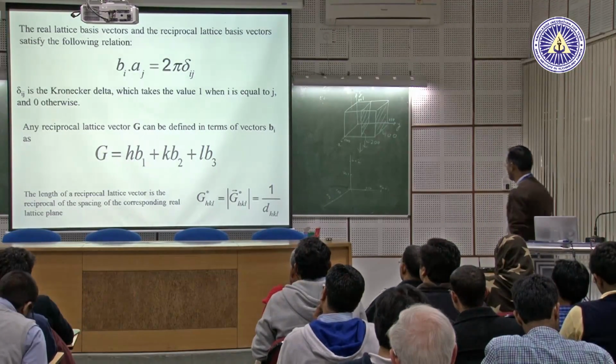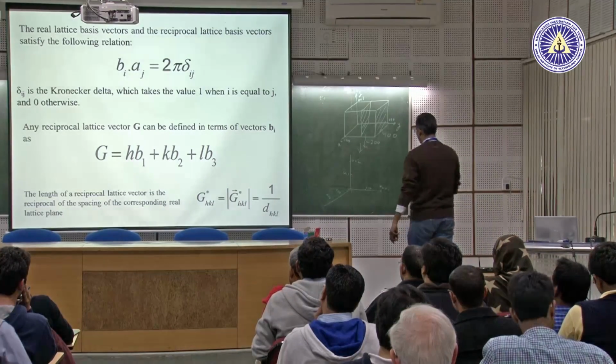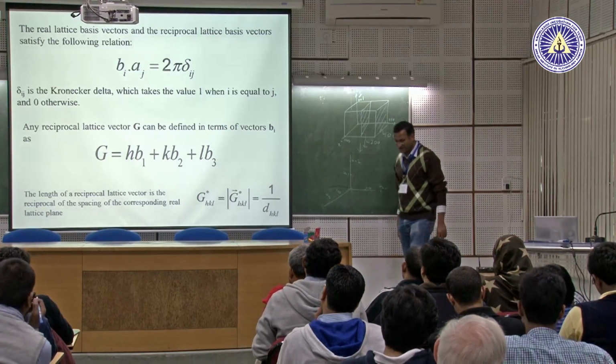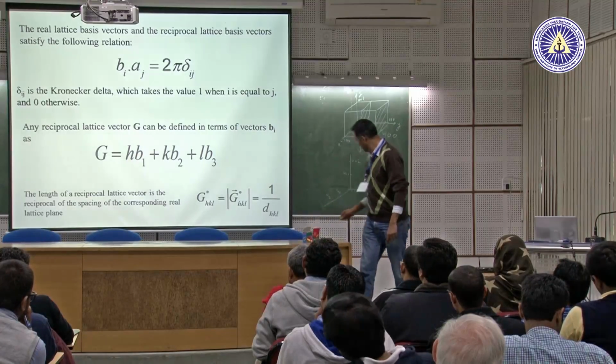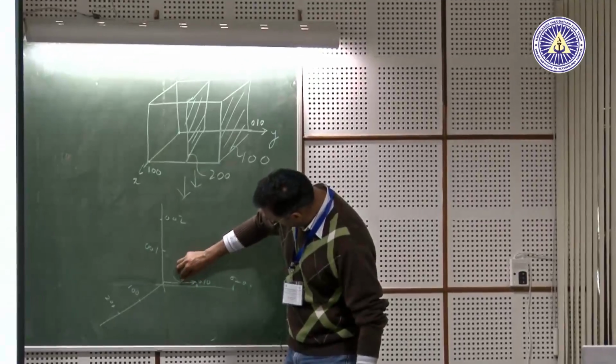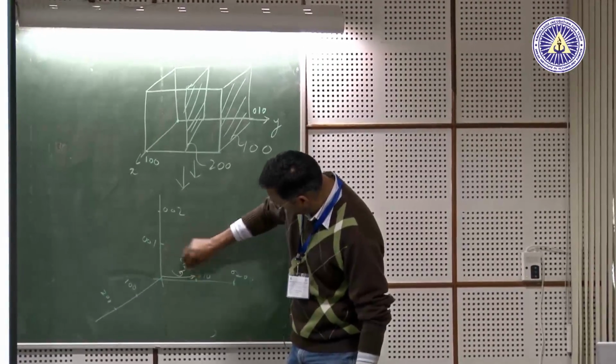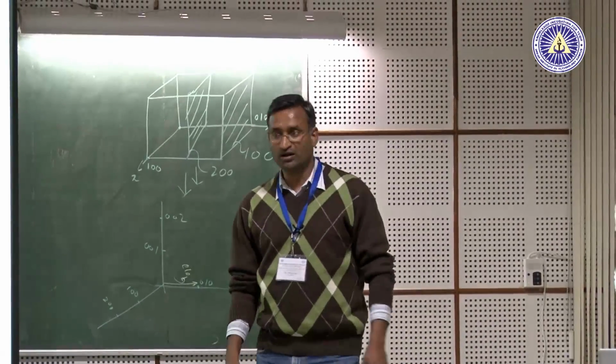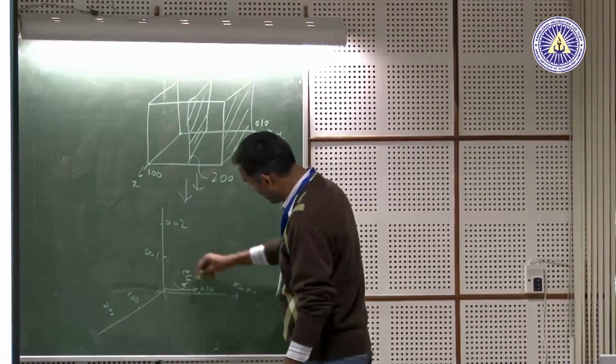So basically what we are saying here is that this is the vector from the origin to G 0 1 0. The length of this is equal to 1 over d 0 1 0.